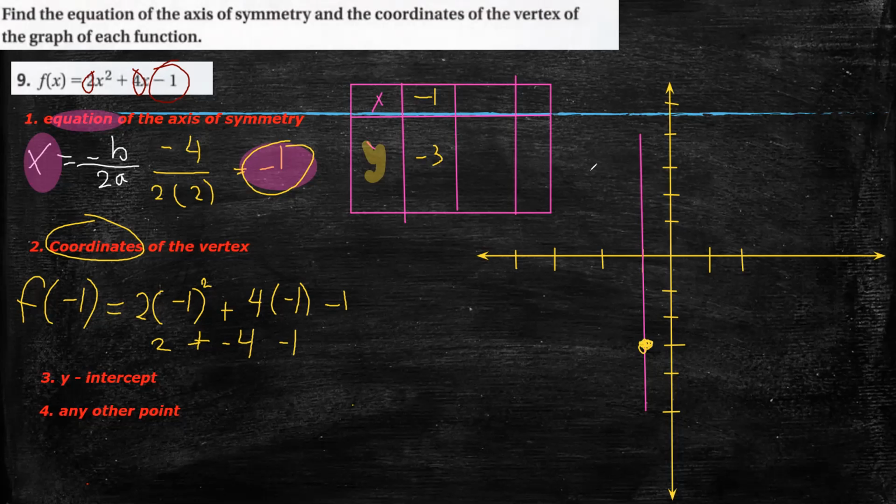The second step, I have to find the y-intercept. As I told you, it means x equals 0. So here, write x is 0. The other value must be c. What is the value of c here? You can evaluate the function: 2 times 0 squared plus 4 times 0 minus 1, which is negative 1.